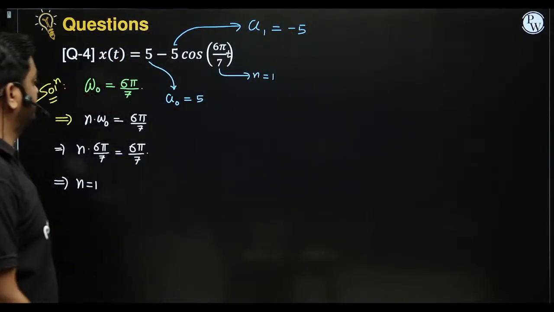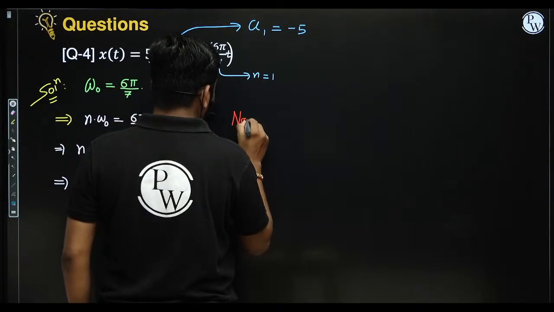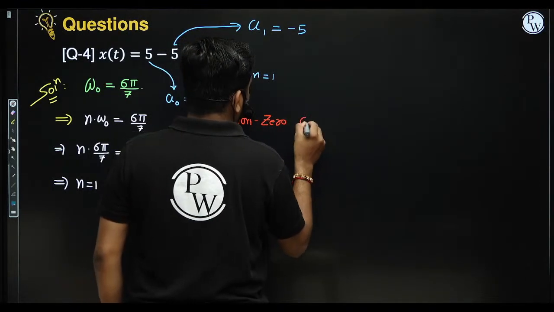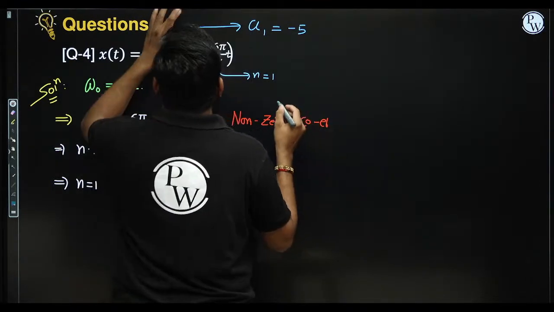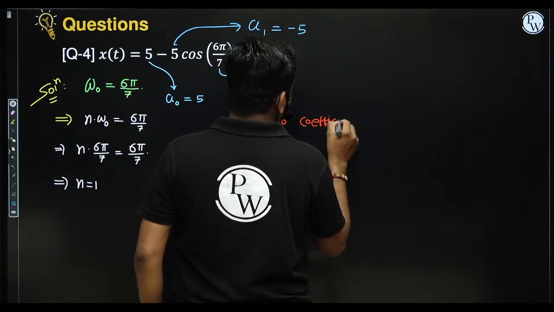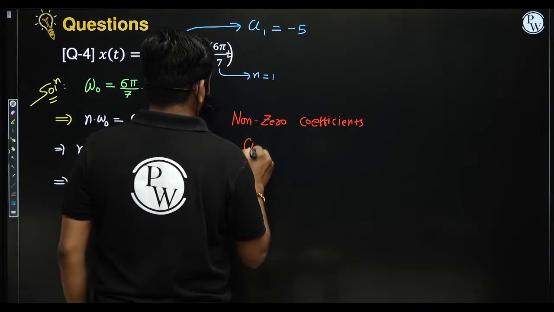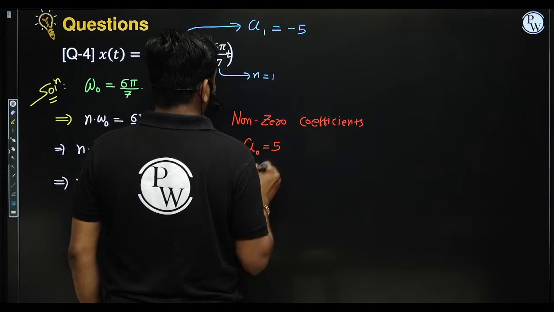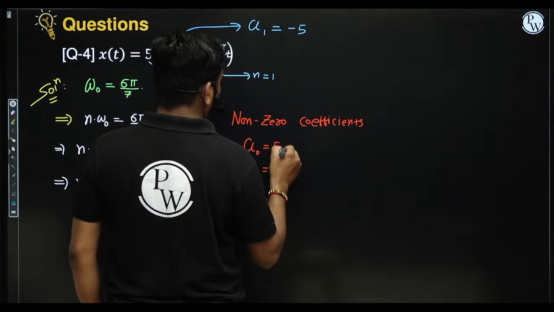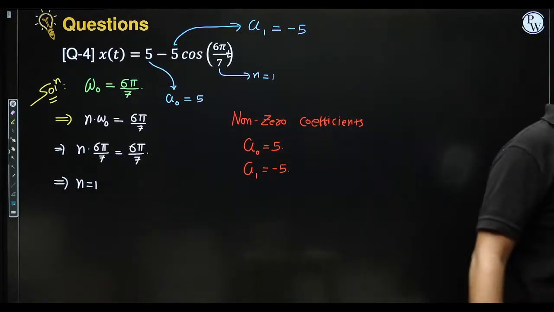So here the non-zero coefficients. If I am talking about the non-zero coefficients, they are A0 is equal to 5 and A1 is equal to minus 5, guys.